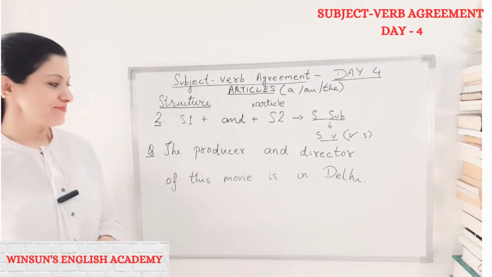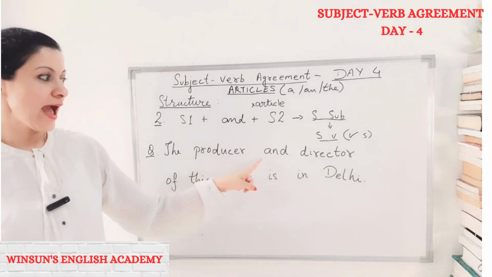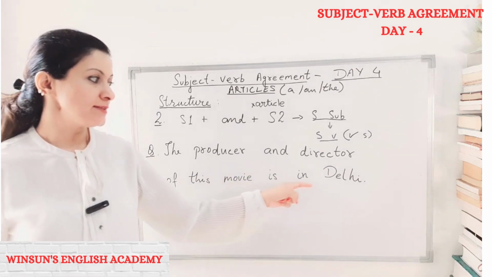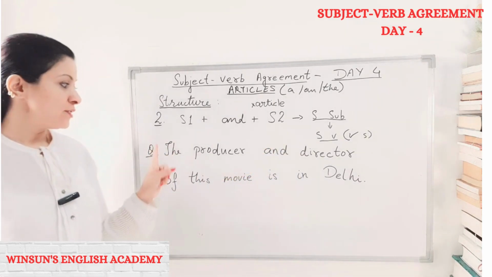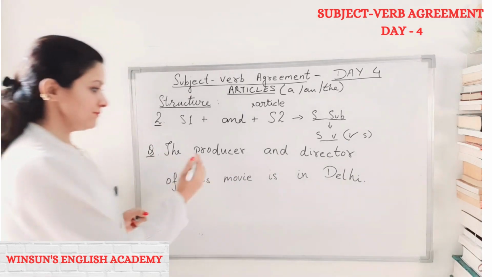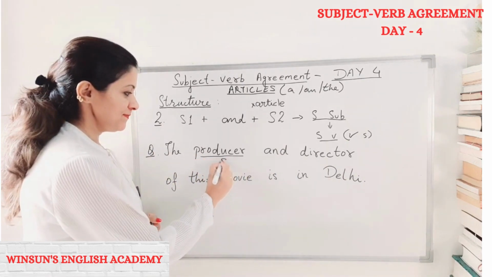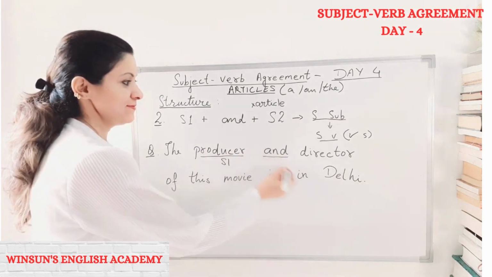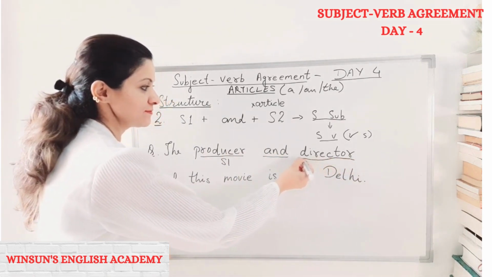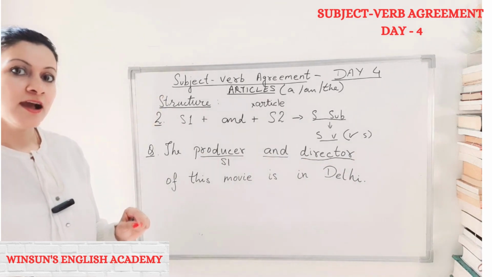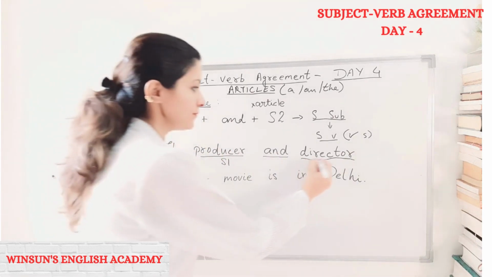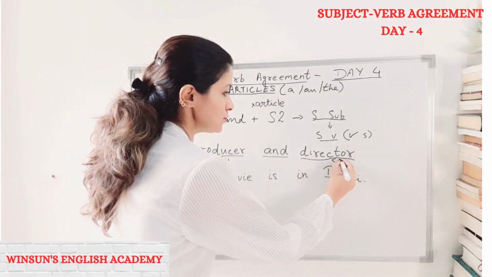Here's your question. The producer and director of this movie is in Delhi. The producer, subject 1, we have and, director. Now, tell me, are we referring to the same person or two different people? This is our subject 2.